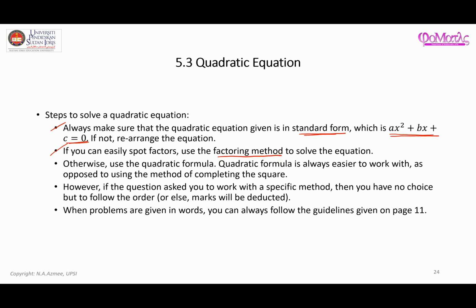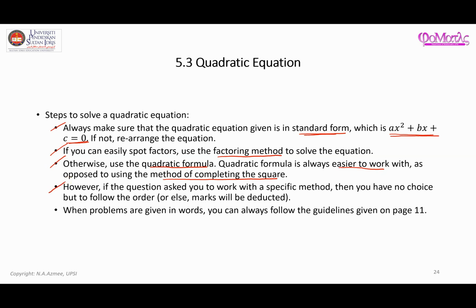It is always the easiest method in solving the equation. Otherwise, you can use the quadratic formula. I think the quadratic formula is easier to work with compared to completing the square. However, if the question asks you to work with a specific method, then you have no choice but to follow the order, or else marks will be deducted.